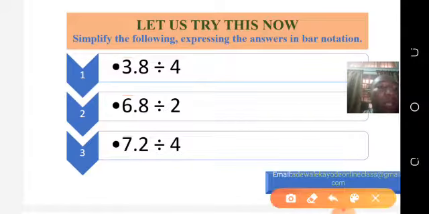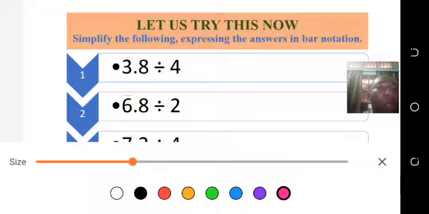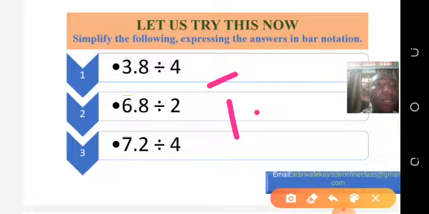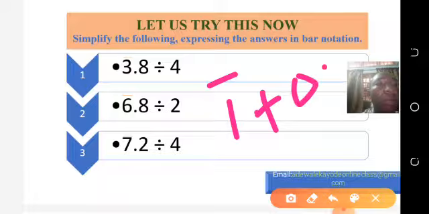What do you have for that place now? We have bar 1 plus 0 point. By 1 point. Okay.